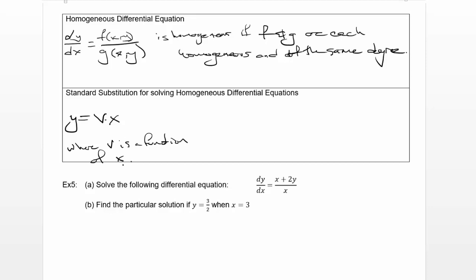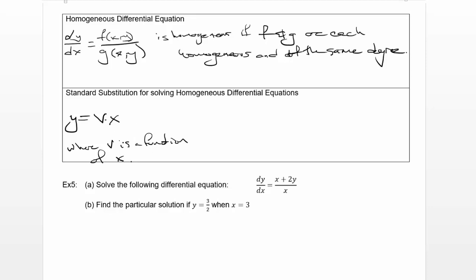We're not concerned with exactly what this function is, but it's implicitly a function of x. Along the way, we'll substitute this expression in. This will turn our differential equation that didn't used to be separable into one that is separable.